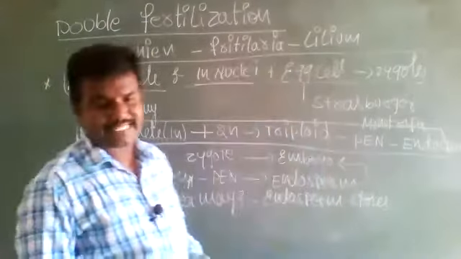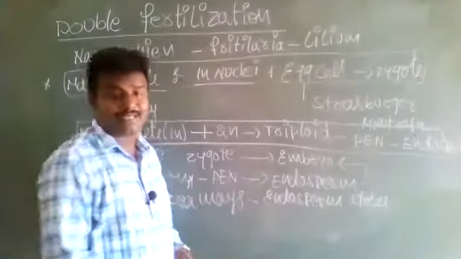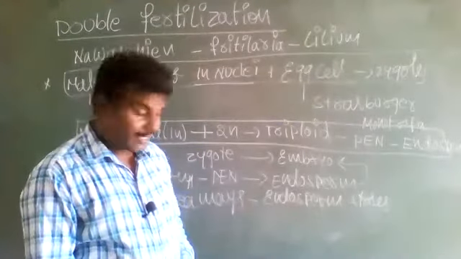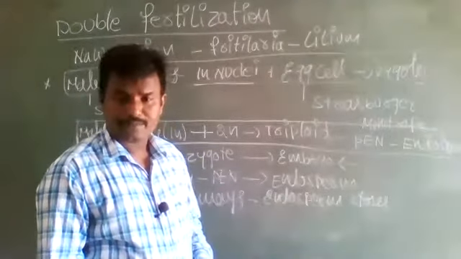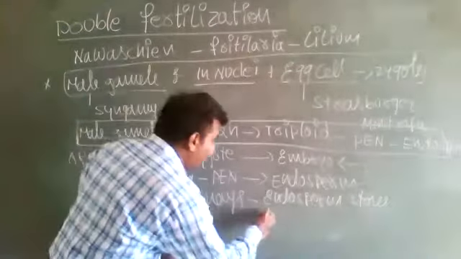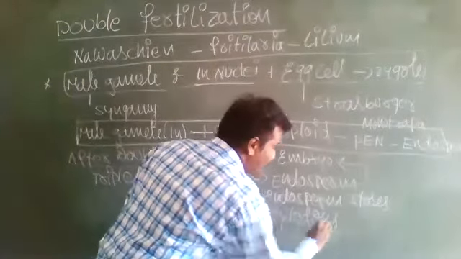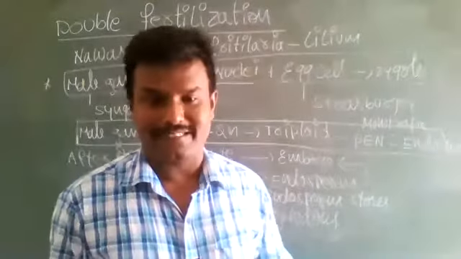In some of the seeds, such as dicot seeds, the endosperm is completely utilized by the embryo. Then instead of the endosperm, food is stored in the cotyledons. In monocots, the endosperm stores the food materials.